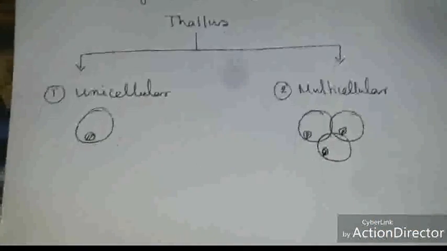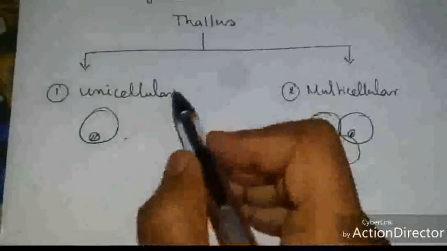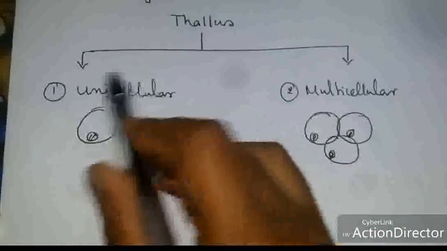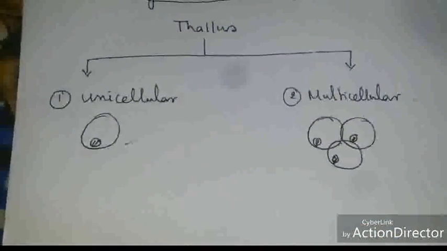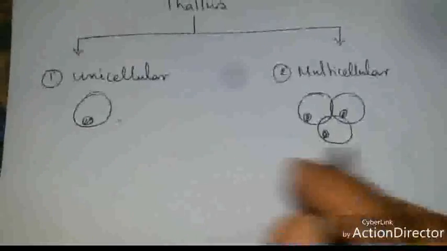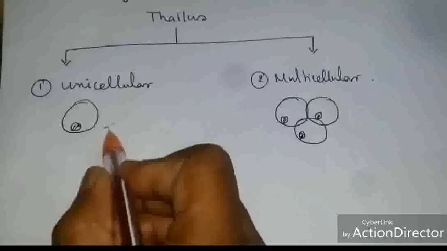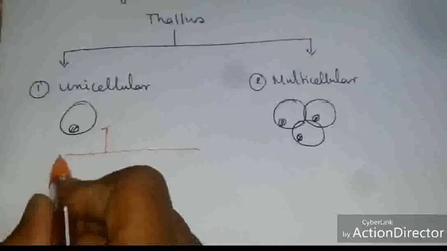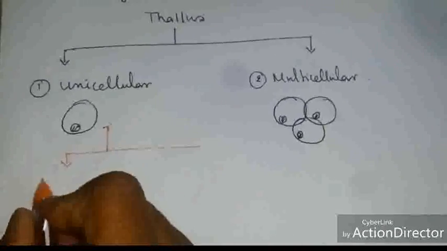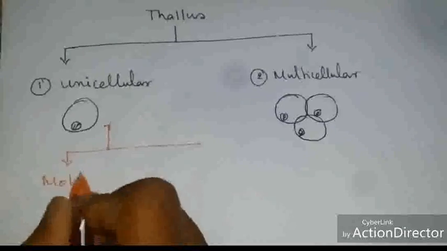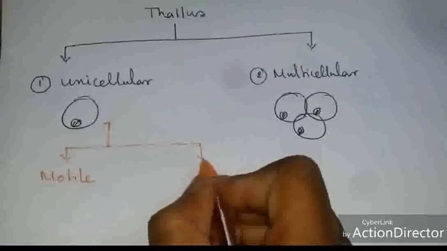So now I discuss unicellular. Unicellular is also divided into two types. One motile and another is non-motile.